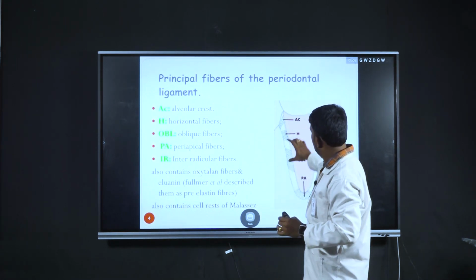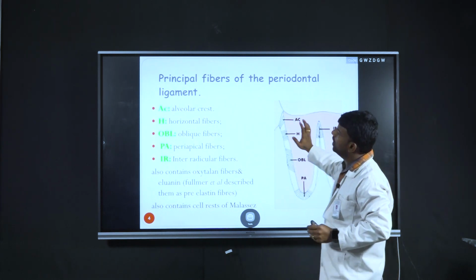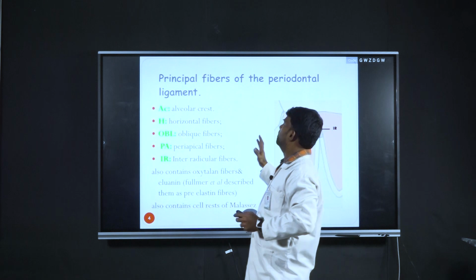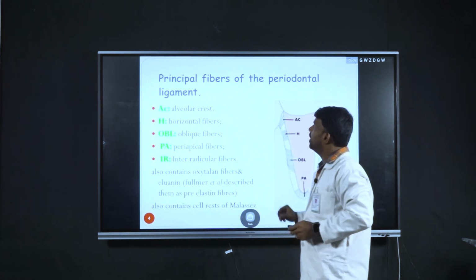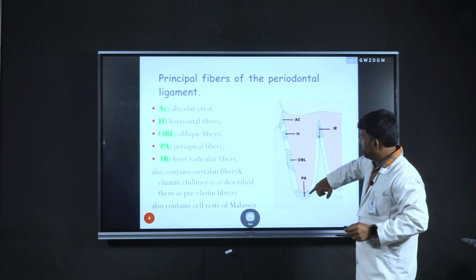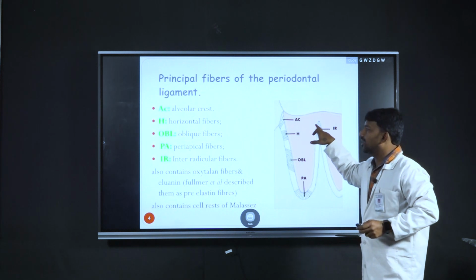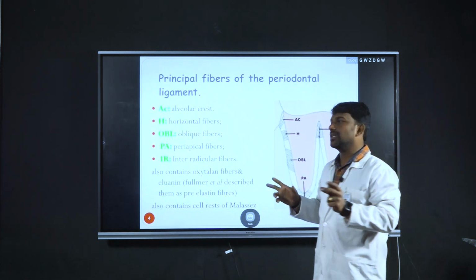The collagen fibers are arranged in 5 particular groups: one is alveolar crest group, second is horizontal, third is oblique group, then the apical group, which surrounds the apical foramen, and the interradicular group, present at the furcation area.